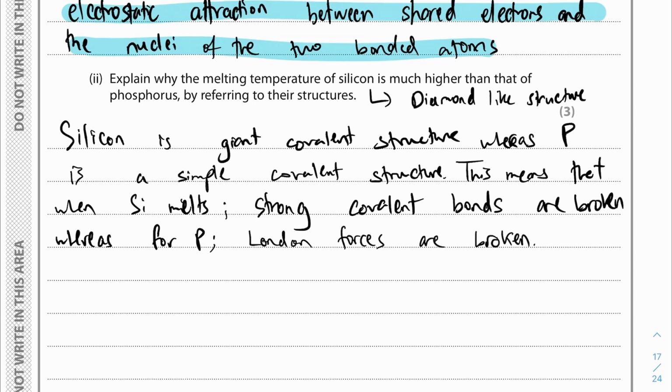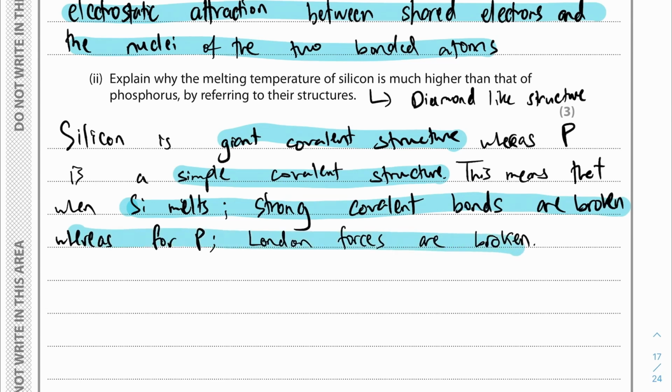Okay, so let's look at what we have said. Giant covalent structure, that's 1 mark. Saying that phosphorus is a simple covalent structure, that's 2 marks. And explaining that since silicon is melting, we're breaking covalent bonds, and P is breaking London forces. So we can expand on this.